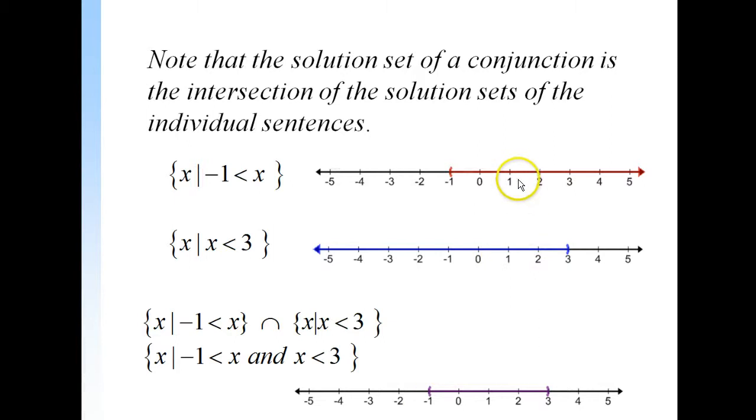So if you were to take these two lines and merge them together, the area of intersection would be right here, as we see. If I make this line a little darker right in there. And notice you're putting parentheses on either end. Okay, so this is conjunction.